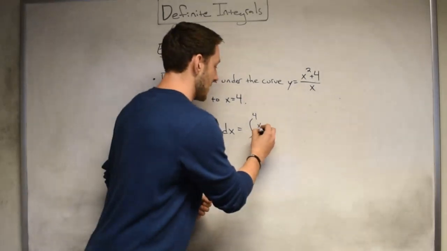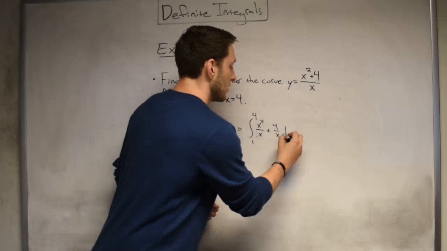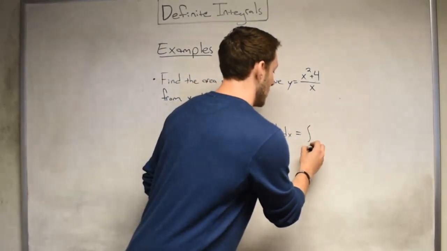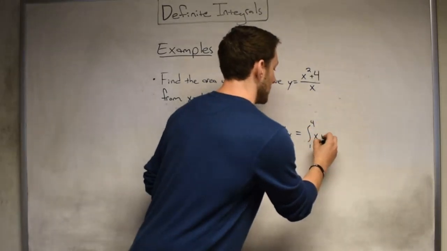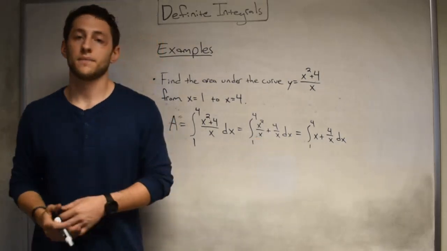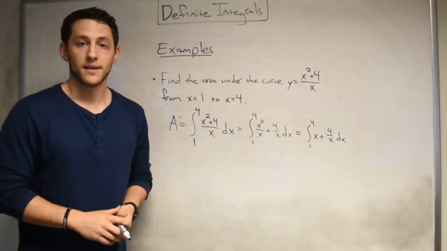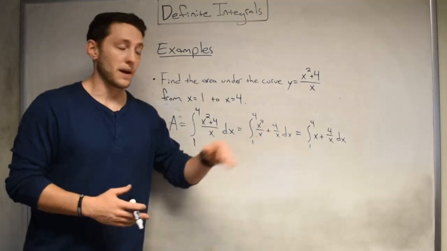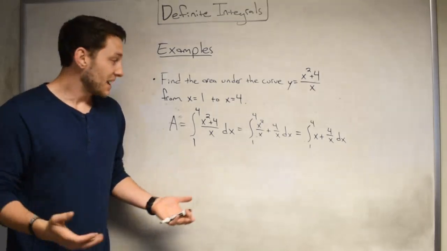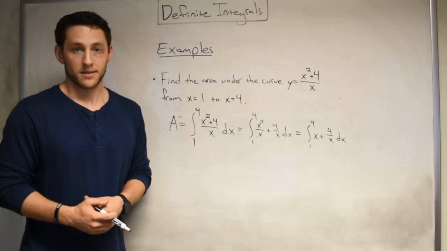If I write this as x squared over x plus 4 over x with respect to x, and then go even the step further, writing this as x plus 4 over x dx, kind of simplifying this guy out, we do land on a situation where we can use our basic rules. And also, the other point to doing this right here is to show you that these definite integrals, at their heart, are not really too different than your indefinite integrals in these first stages.